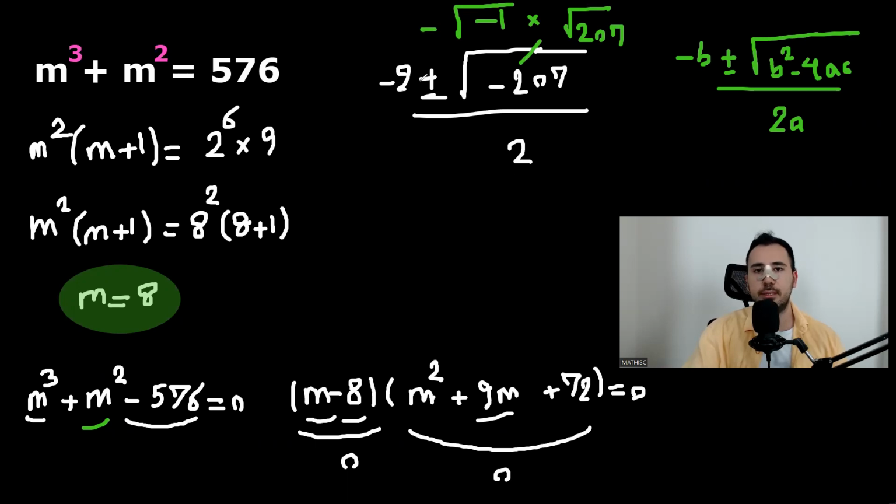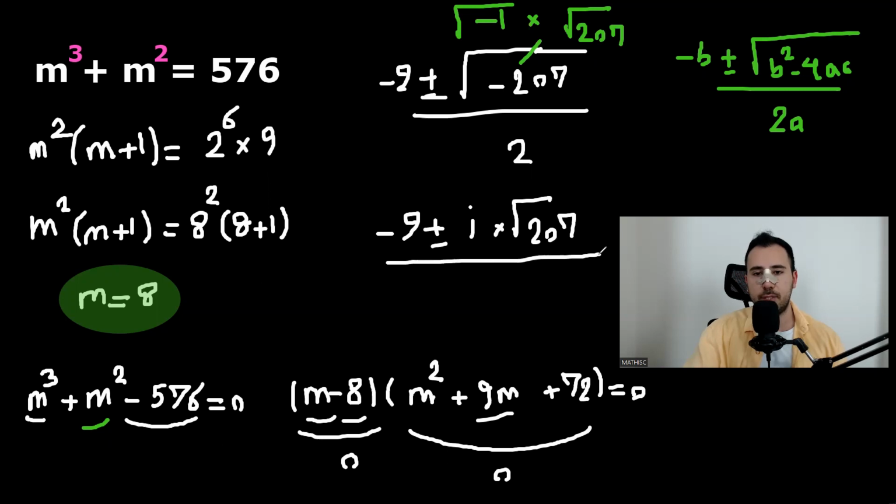Okay, for that reason, the solution becomes -9 plus or minus i multiplied by the square root of 207, and all of this divided by 2. I'm not going to simplify it anymore. I'm going to accept this as the final answer.